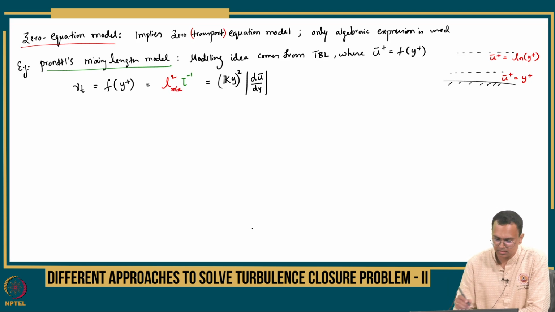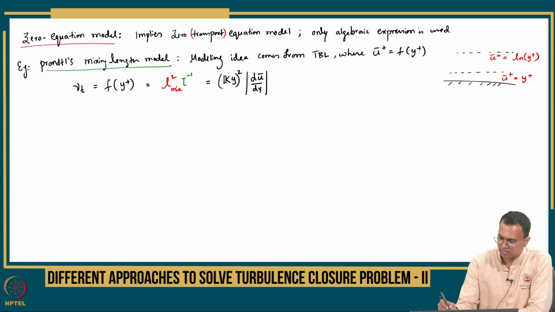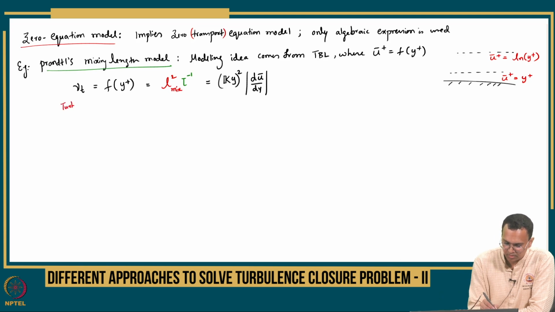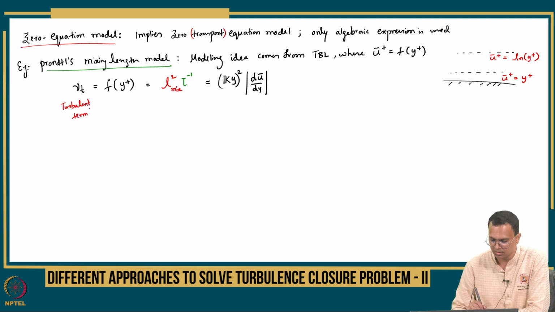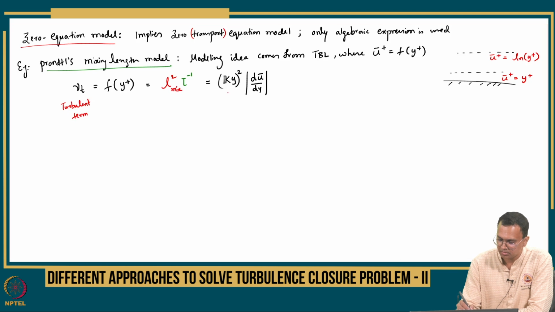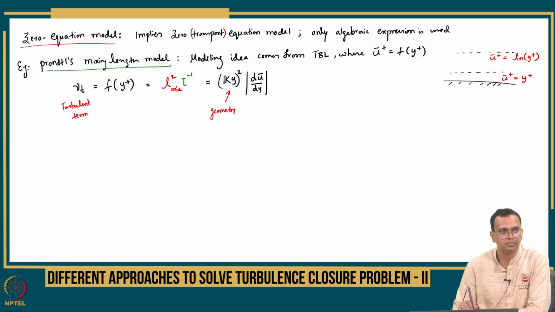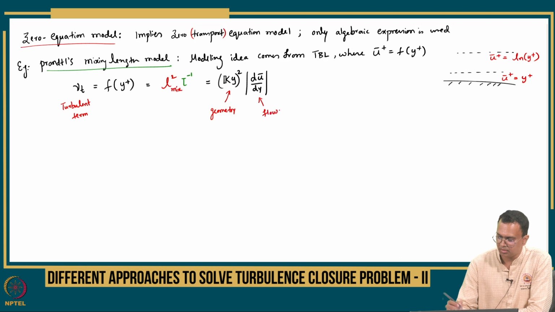But note that this is eddy viscosity, a turbulent term, at least you want it to be. You defined it as turbulent viscosity, but now this is purely a geometrical length scale, a geometry dependent term, and this is a flow dependent term.